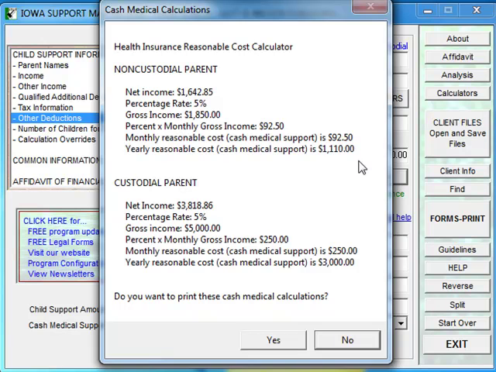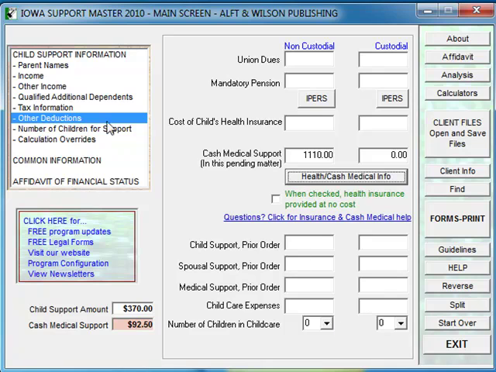So if the non-custodial parent can purchase a health insurance policy for the child at $92.50 per month or less, that cost is deemed to be reasonable. If the custodial parent provides health insurance, the reasonable cost would be $250 per month. You can actually print these out and have those handy.